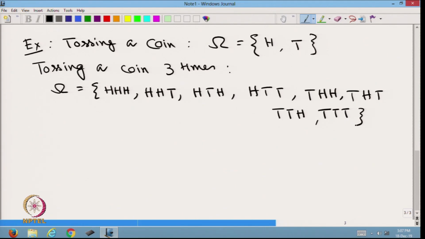Thus, there are 8 elements in omega, each one of them is of length 3, and each element in that string is either H or T.